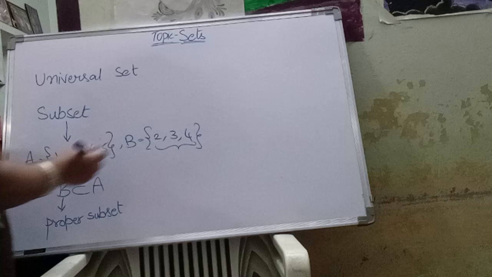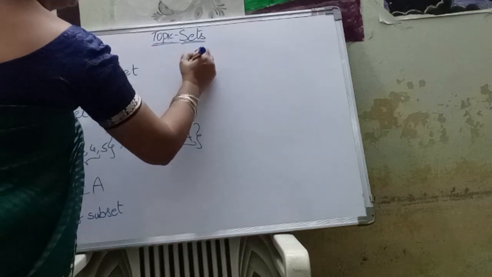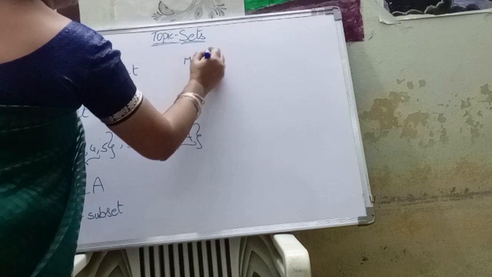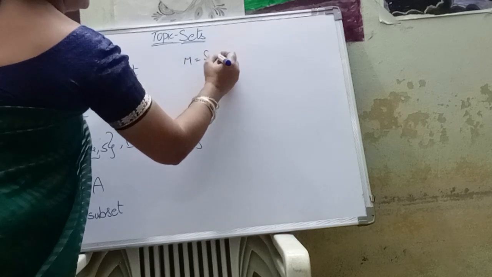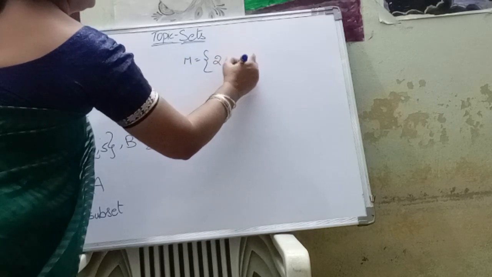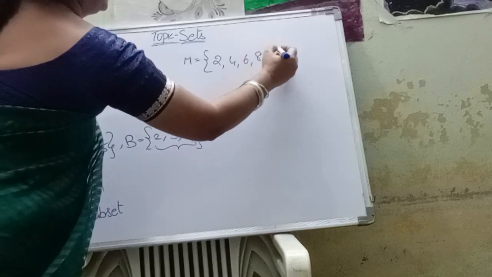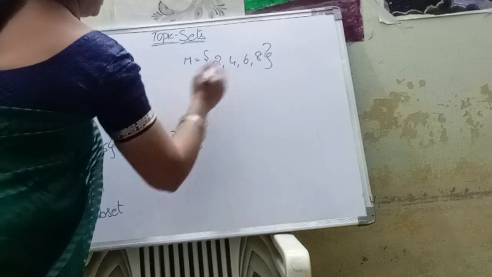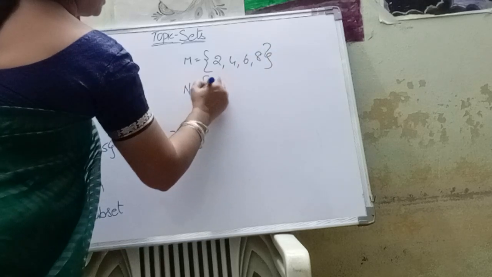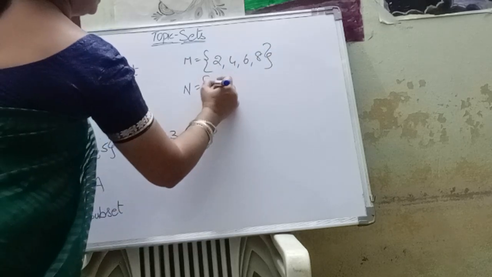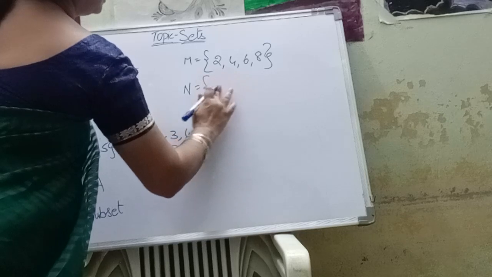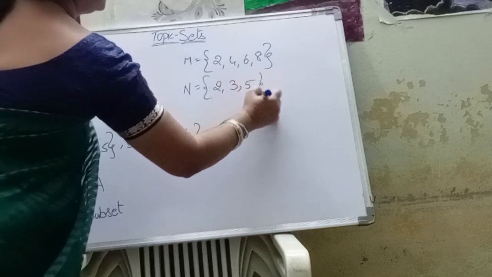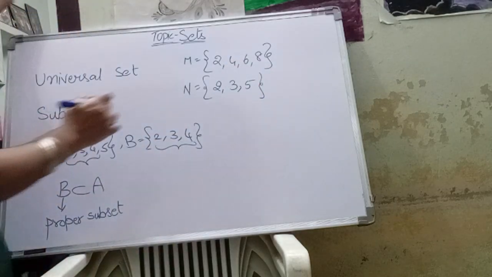Say for example, take one more example. M equal to 2, 4, 6, 8, and N, I took one more, that is 1, 2, 3, 5.